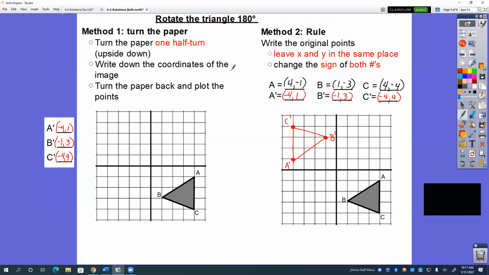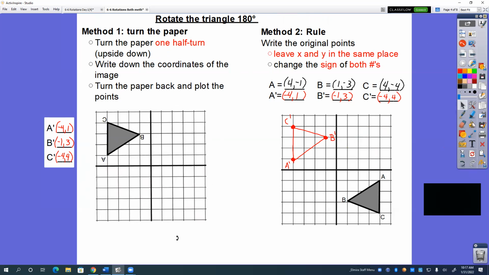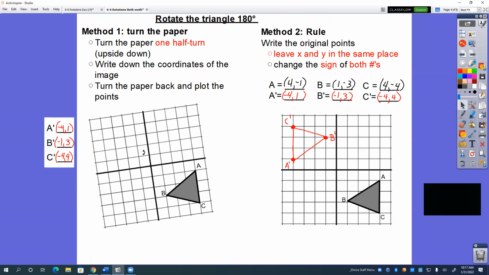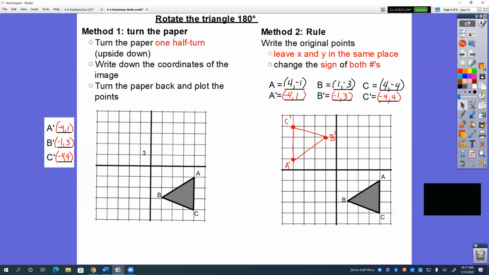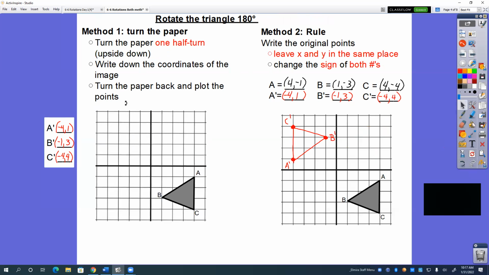Okay. Same thing, method number one, turn the paper, okay, rotate it 180 degrees. Turn the paper completely upside down. We get our new coordinates. Okay, and then once we have our coordinates, we turn the paper back to being right side up. Okay. And then we draw in our coordinates.